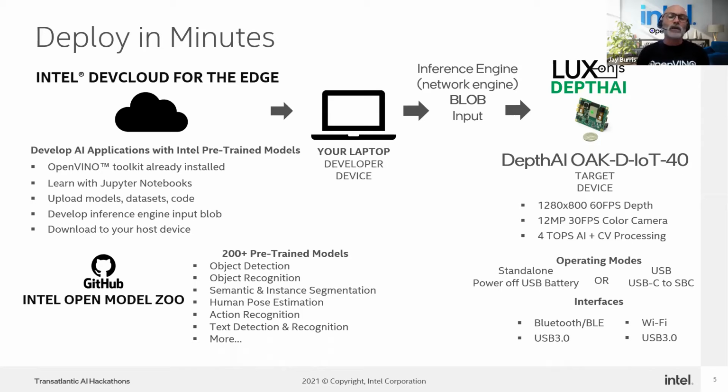So number one, a couple of webinars ago, we talked about the Intel Open Model Zoo, which has over 200 pre-trained models, Intel pre-trained and public pre-trained models. So we source models from the industry, from academia, who have done research and published on them. And we've validated that they work with OpenVINO, and we have published them to GitHub with permission.